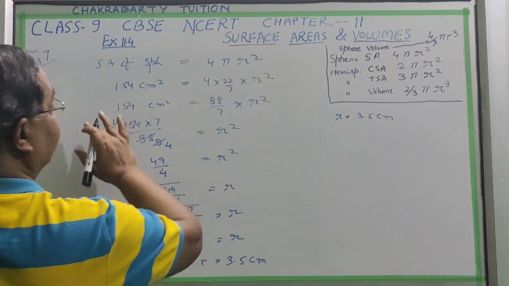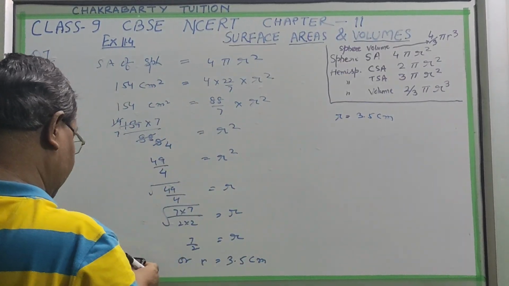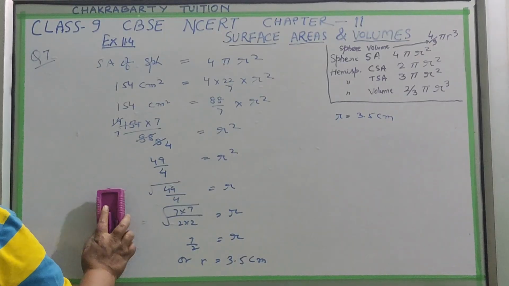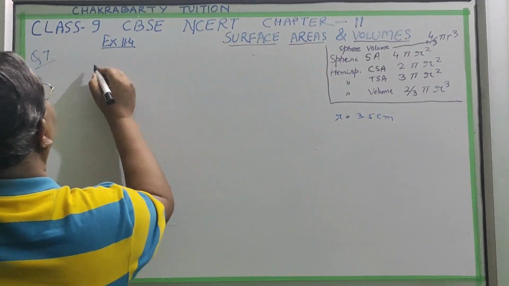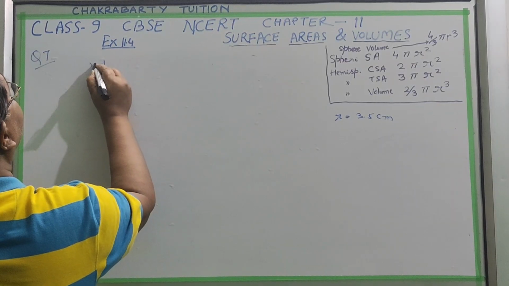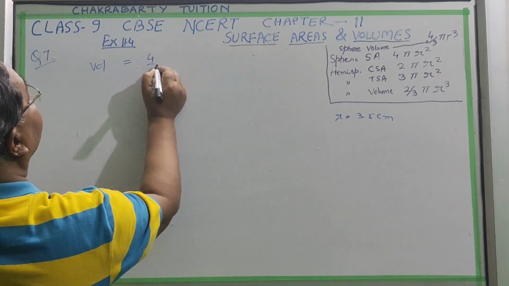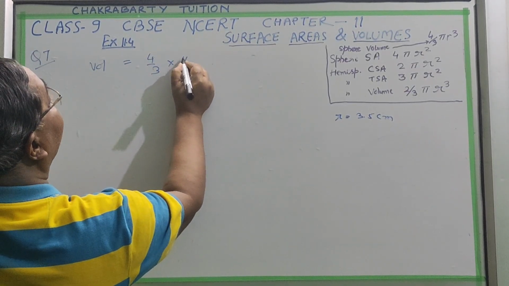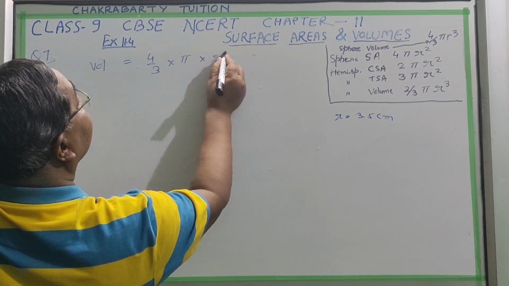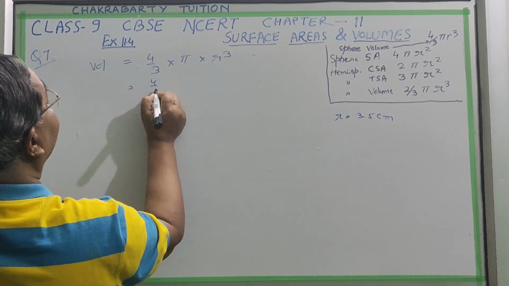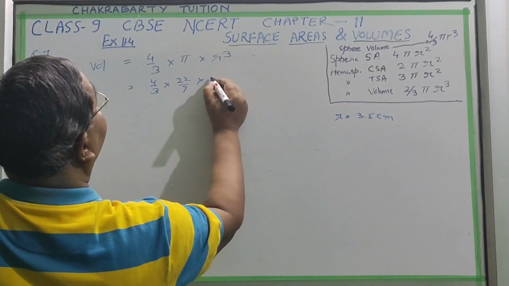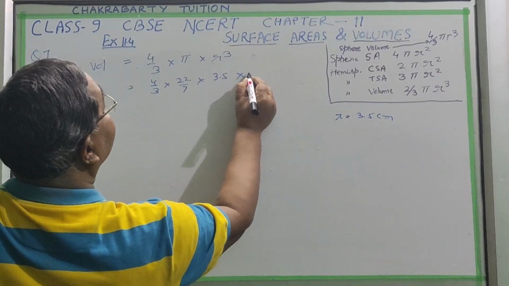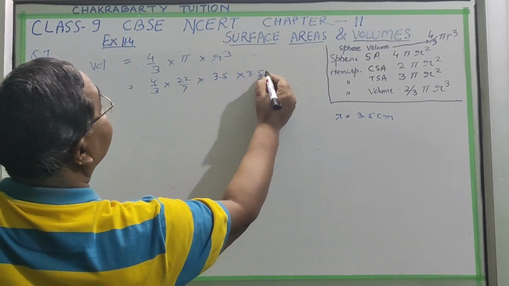Okay. Now I will rub it and go to the next part of the question. Now volume of sphere. Now we have to find the volume. Volume is equal to 4 upon 3 into pi into r cube. Okay. So 4 by 3 into 22 by 7 into 3.5 into 3.5 into 3.5 because cube is here.